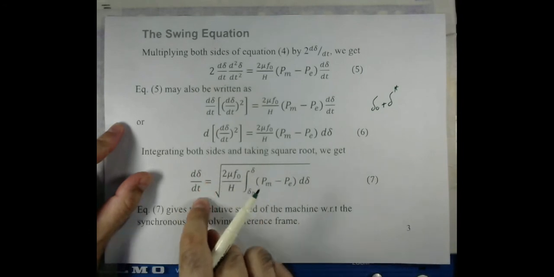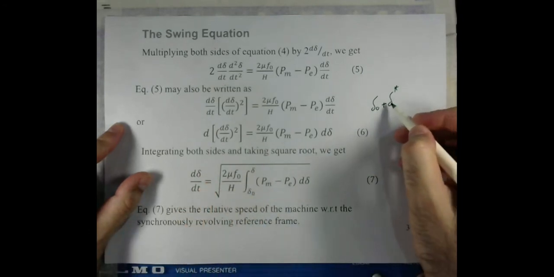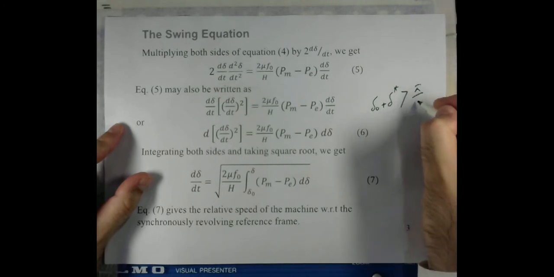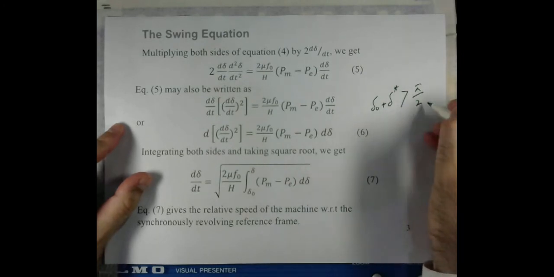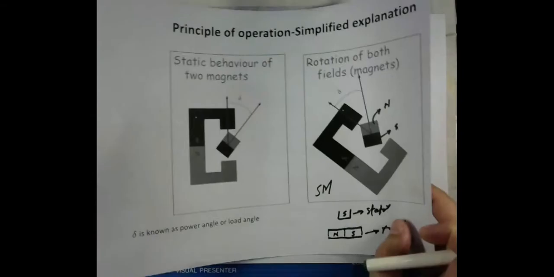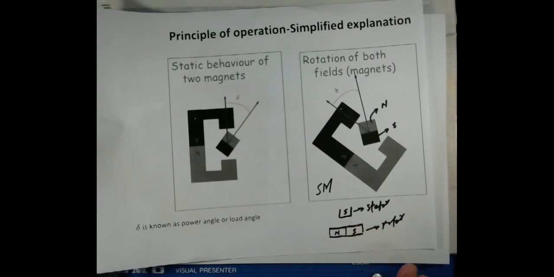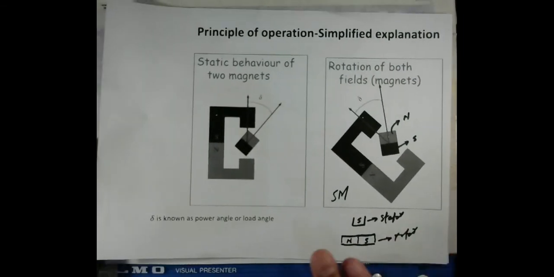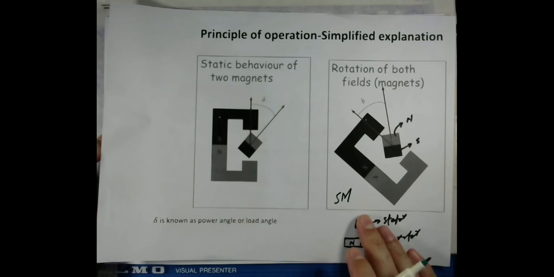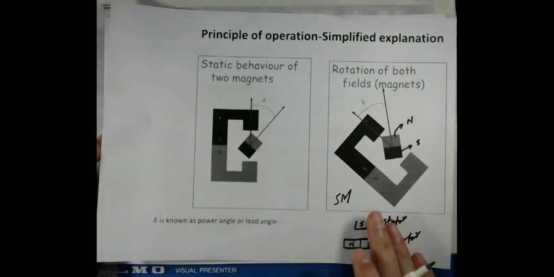So there will be a change in the angle with respect to time, and if we add that to this value, then obviously this angle will change, and under no condition must it exceed pi by 2. Even this is the theoretical maximum limit. If it exceeds 90 degrees, then we have the slip of the poles, because then there will be no locking between the opposite poles and the synchronism will be lost, which means that particular machine will not take part in the transfer of the power. So it will be a sort of burden on the system.